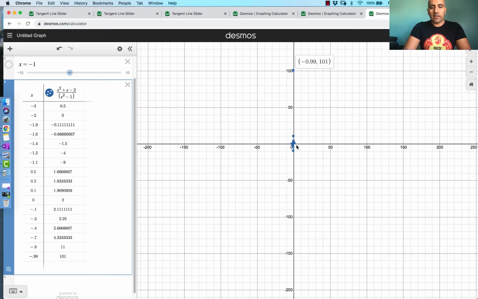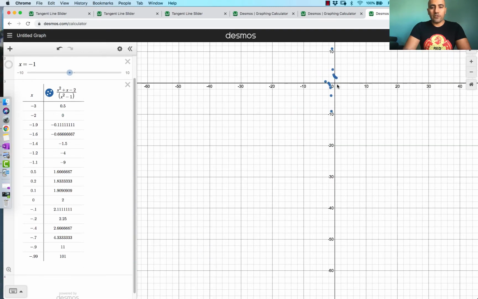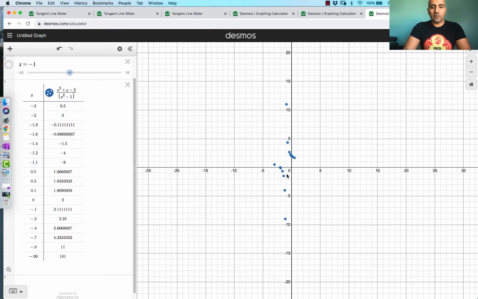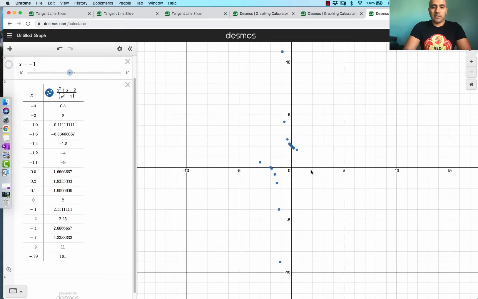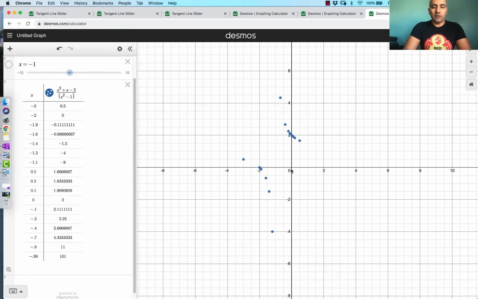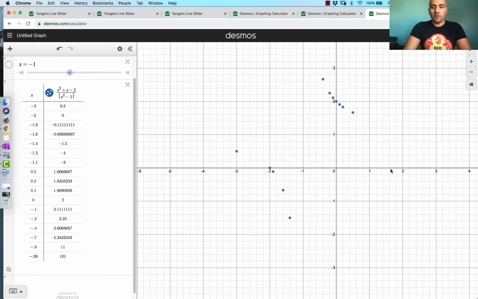Okay, so I think that confirms our suspicion from before, the same results that we got from our calculator. As the input values approach -1 from this direction, we start to see that the graph will grow toward positive infinity. As the input values approach -1 from the left-hand side, we see that the values go down toward -infinity.